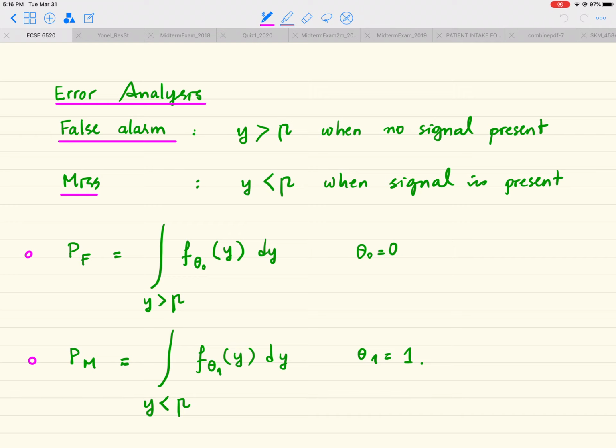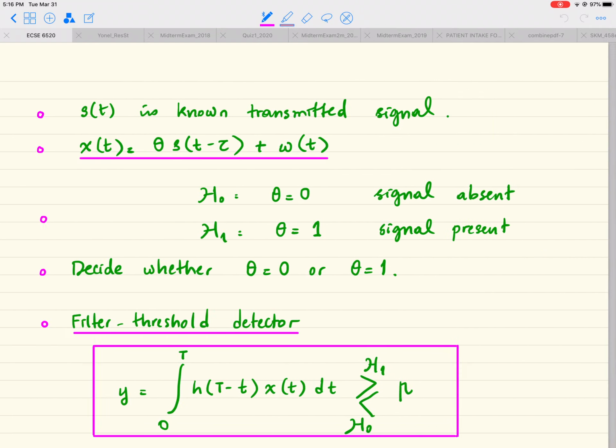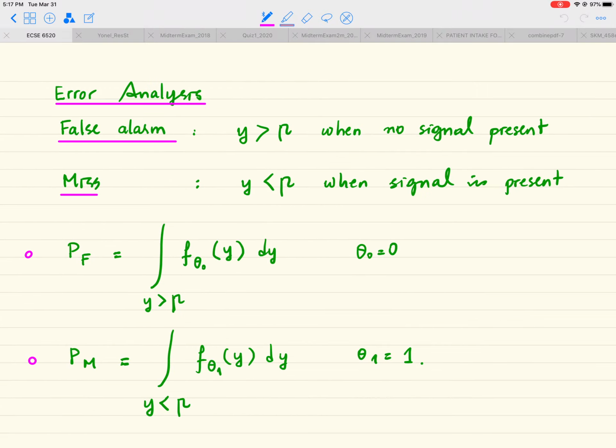And we can compute, given our filter and given the underlying probabilities, etc., the probability of y under each hypothesis. So under the null hypothesis, the probability of y is f sub theta sub 0, and under the alternative hypothesis, it's f sub theta sub 1.